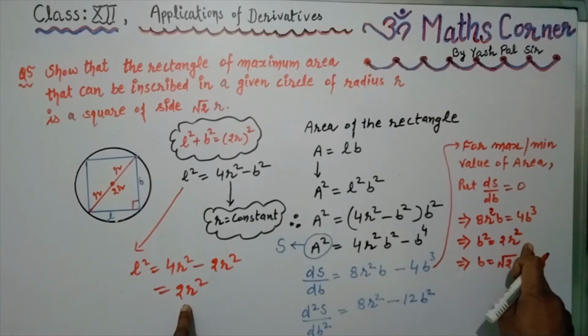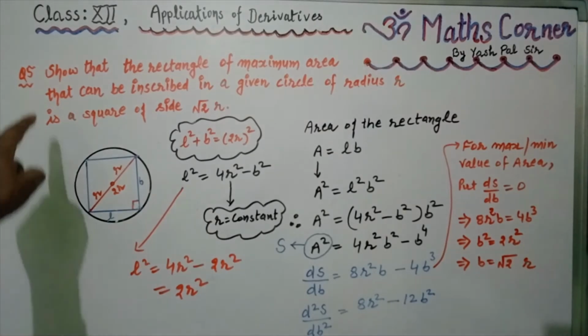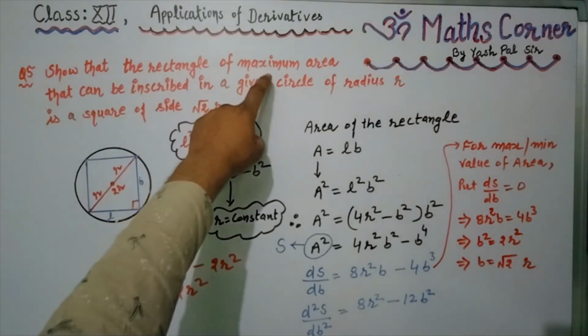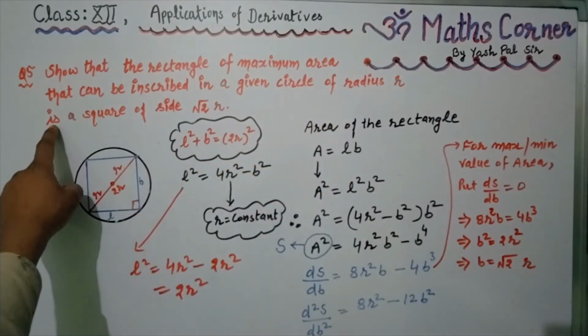So this becomes 2r square. That is, L square is 2r square, B square is also 2r square. What is the conclusion? The conclusion is length is equal to breadth. It means this is not a rectangle, this is a square.